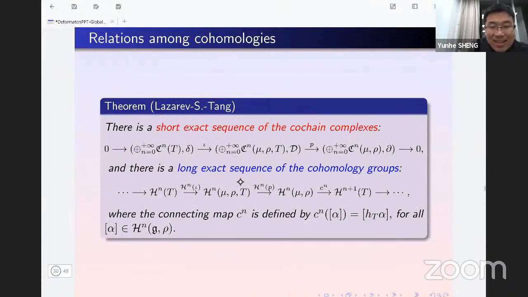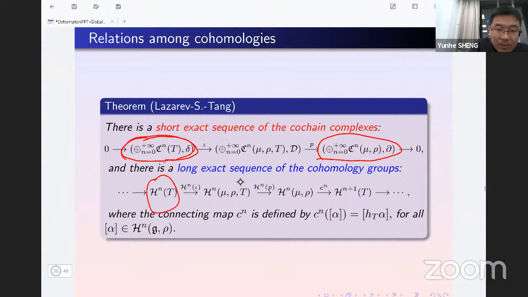we obtain a short exact sequence of the cochain complexes. This one is a subcomplex, and this one is a quotient complex. We denote the cohomology of this complex by Hn of T, and we denote the cohomology of this complex by Hn of mu rho. This short exact sequence of cochain complexes will induce a long exact sequence of the corresponding cohomology groups.